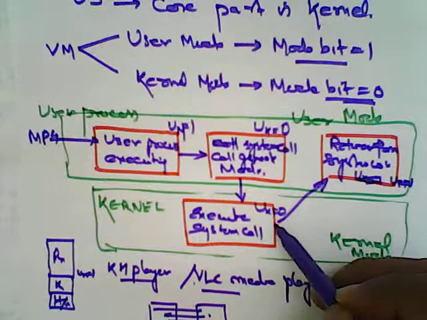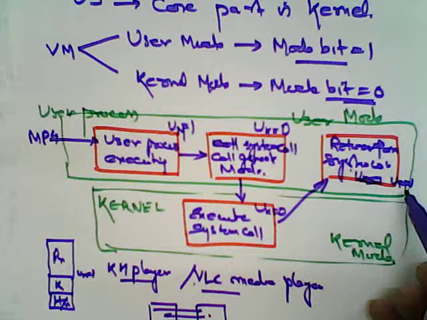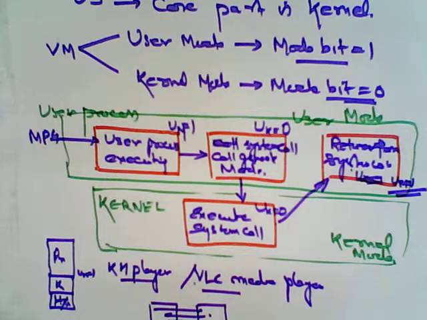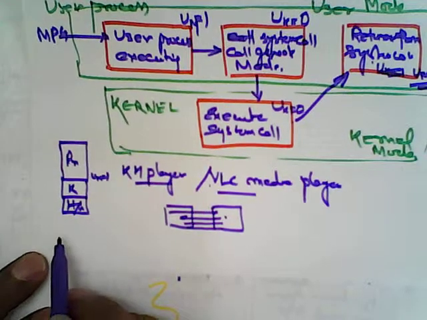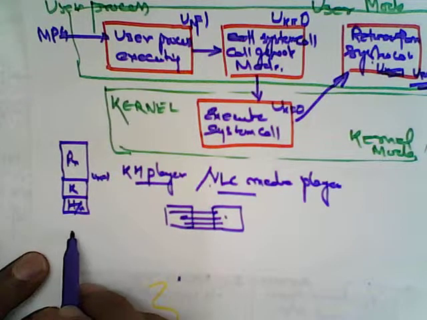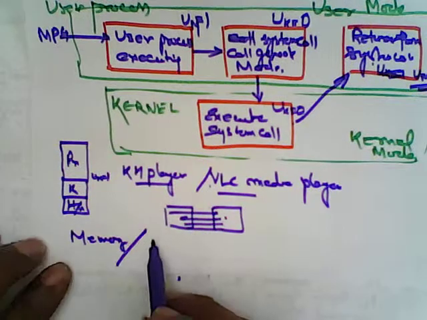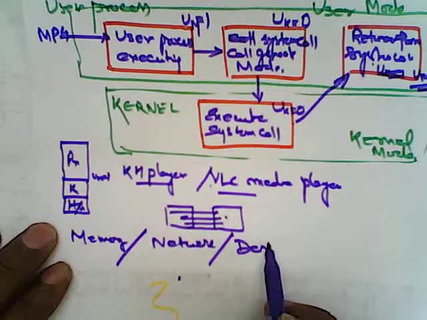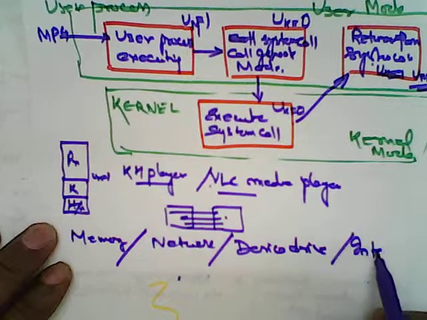What is the main function of the kernel? The kernel does resource management. The resource management the kernel does is memory management, network management, then device driver management, interrupt handling, then IO, input output file communications.